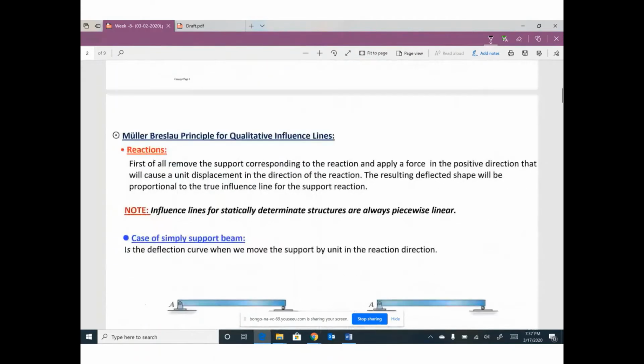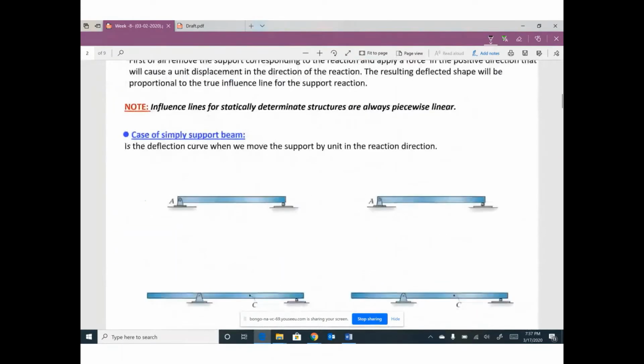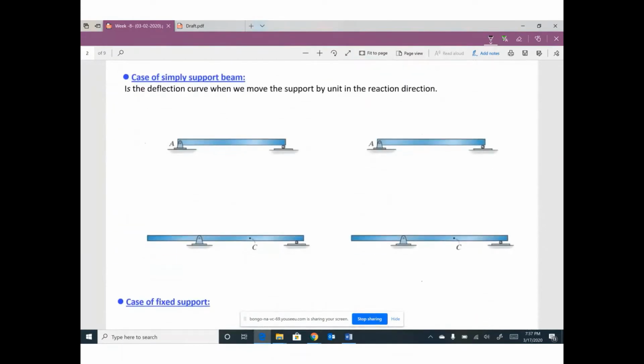We learned before how to sketch influence lines for reactions. Just a quick review. We have a simply supported beam. At A, we have reaction YA. At B, we have reaction YB. If you would like to draw the influence line for reaction YA, push your support A up by 1.